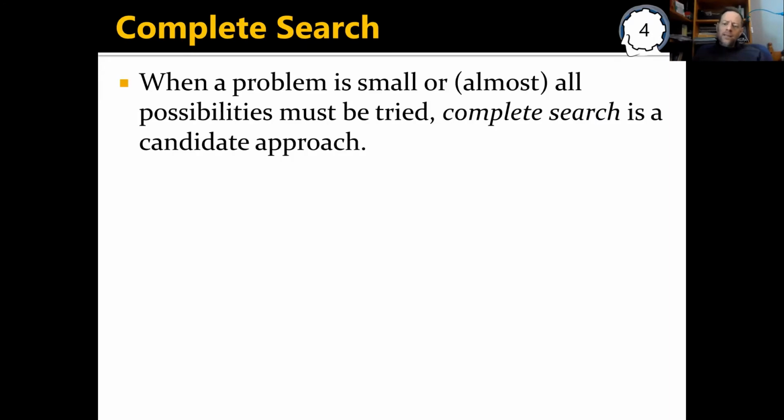So actually one very much related approach is complete search. And here the challenge is that either the problem is very small, or you basically have to try every possible combination because there is no structure, no other information. Then complete search is a structured approach to trying every possible combination to figure out what works.